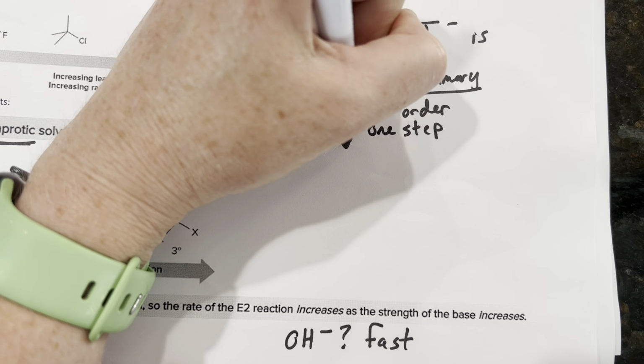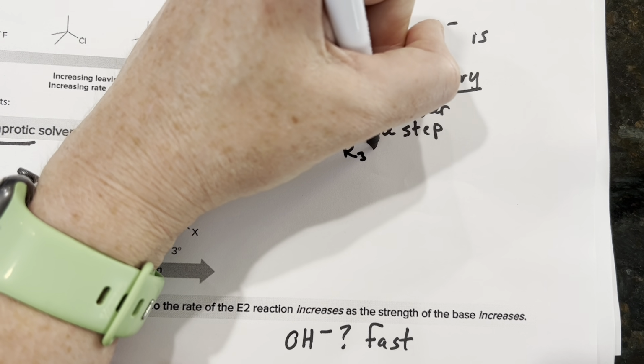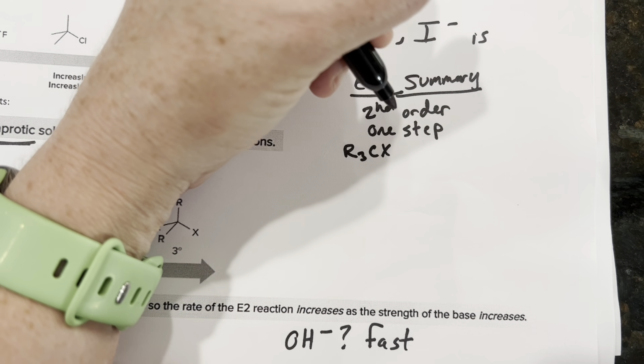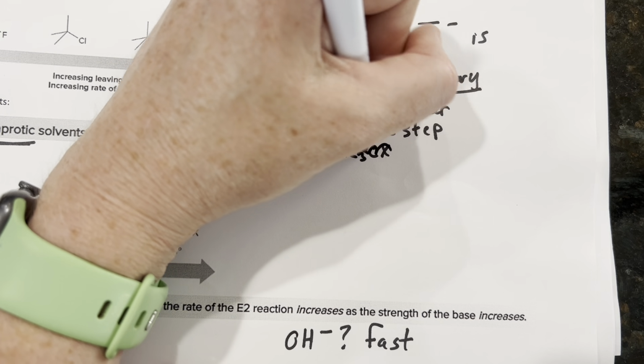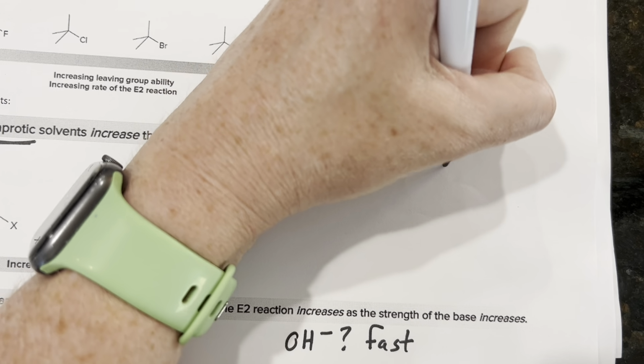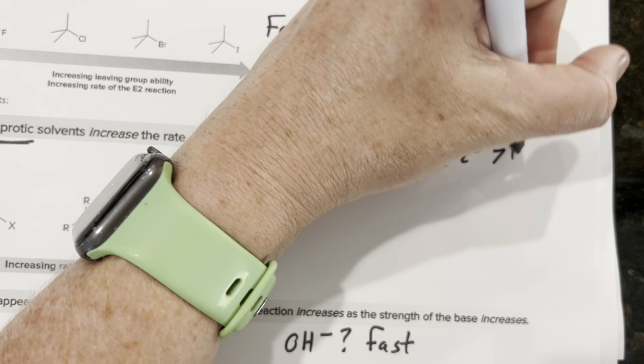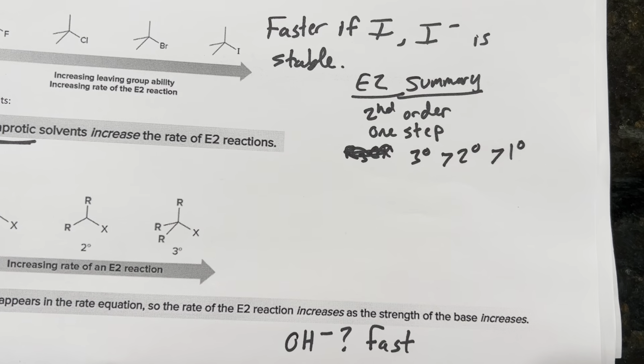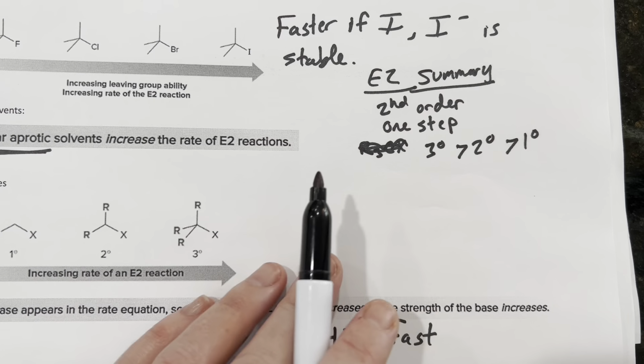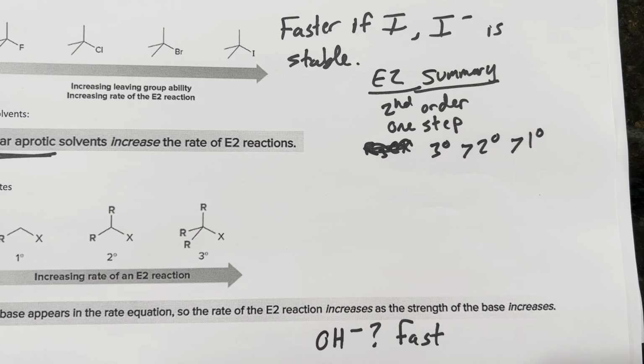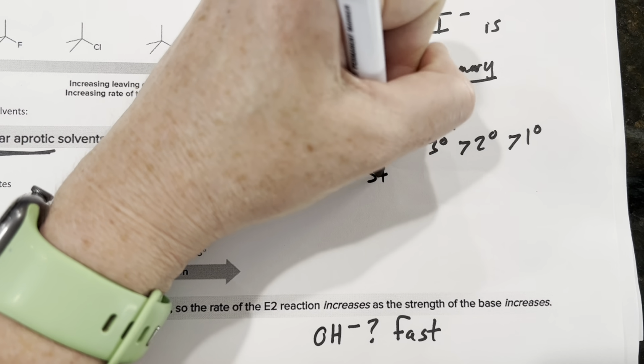It prefers the tertiary. In fact, instead of doing all that, I'm just going to write tertiary is greater than secondary is greater than primary. So it'll react with the tertiary again because it's not hindered. It's just trying to grab that proton. It prefers strong bases.